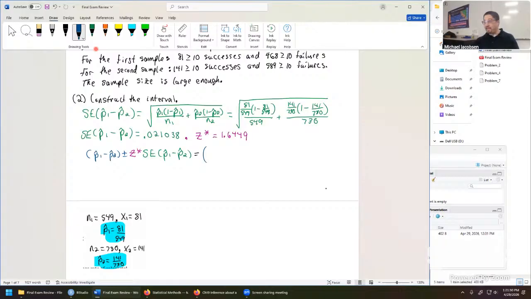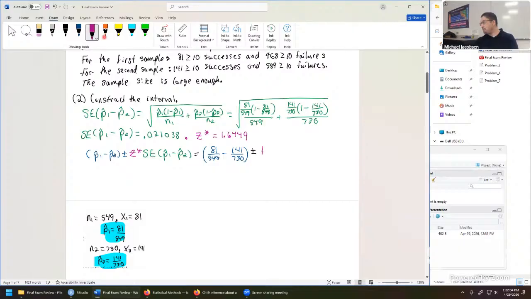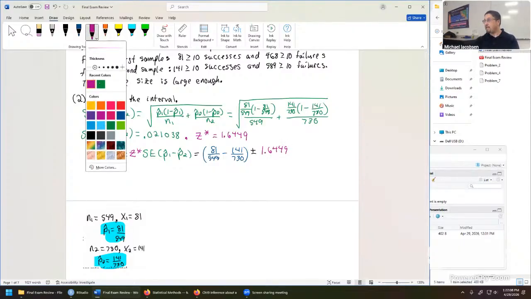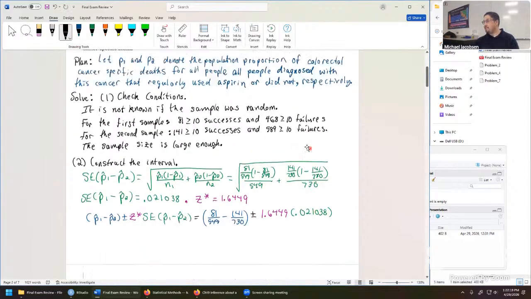This boils down to just making a whole bunch of substitutions. 81 over 549 minus 141 over 730. Add or subtract our wonderful critical number, 1.6449, multiply 0.021038. So this is the nuts and bolts of the method.